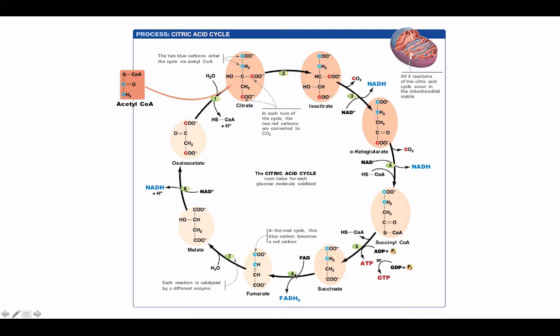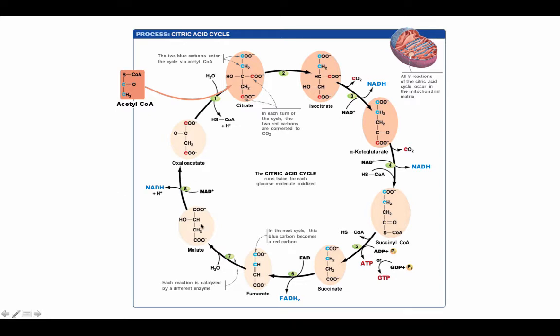In the 6th step of the cycle, we're going to have another reduction, this time of FAD to FADH2. As we continue to convert this carbon chain, we come around to the final step, step 8, where we get one more reduction reaction converting NAD plus to NADH, storing another one of these electron pairs to be transported to the electron transport chain.